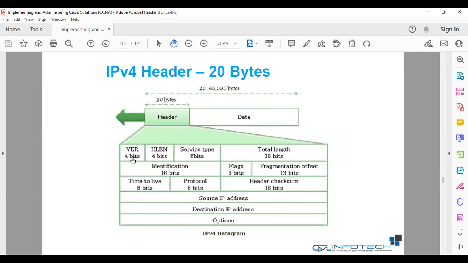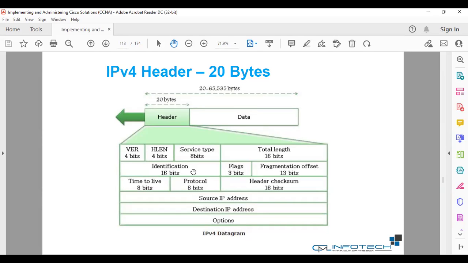One we call version, which tells whether it is version 4 or version 6. Then you can see identification. The identification is equivalent to the sequence number we set from TCP, from the transport layer.